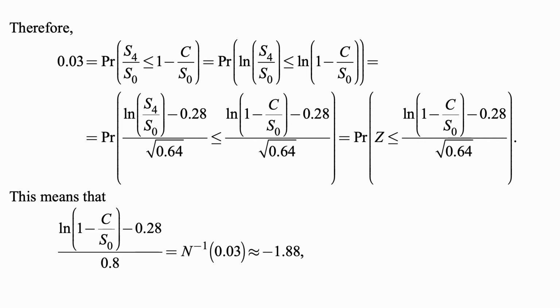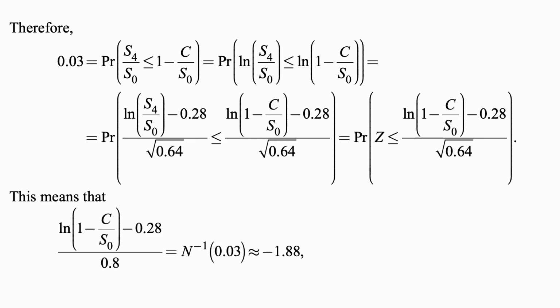But the natural logarithm of S4 over S0 has a known normal distribution for which we established its mean as 0.28 and its variance as 0.64. Therefore, ln of S4 over S0 minus 0.28 over the square root of 0.64 is going to be a standard normal random variable.